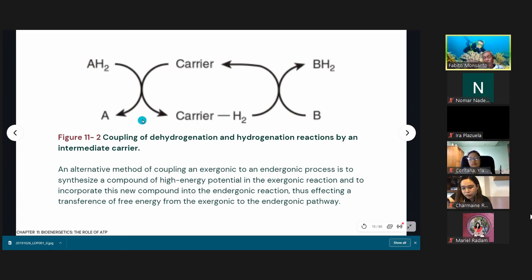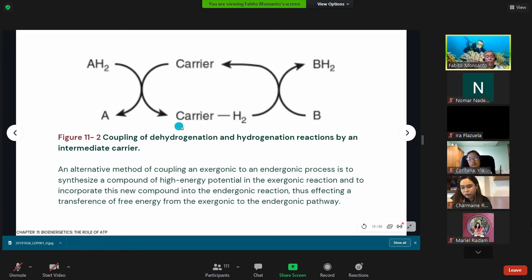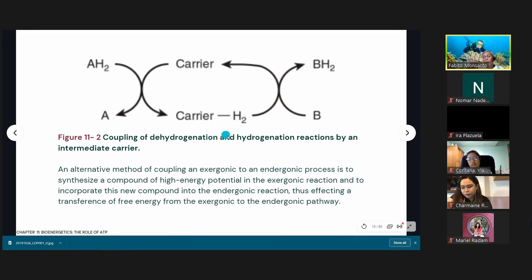D meaning remove hydrogen. So this is coupling of dehydrogenation and hydrogenation reactions by an intermediate carrier. So this is your intermediate carrier.